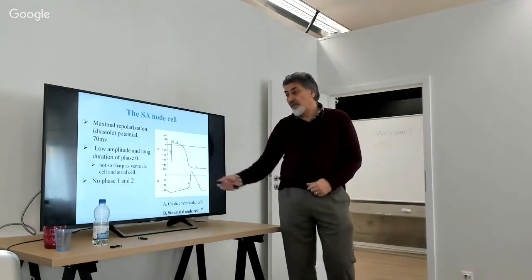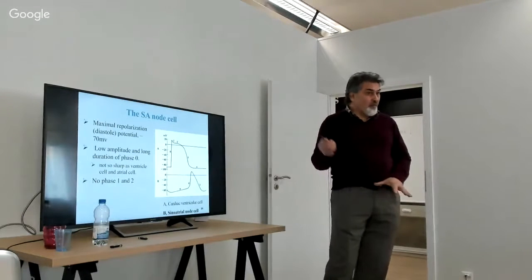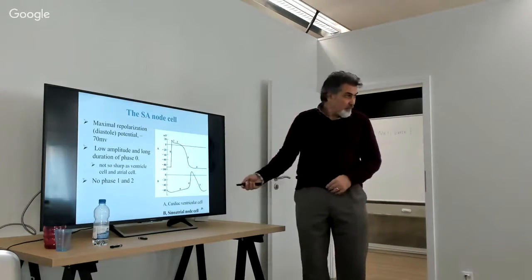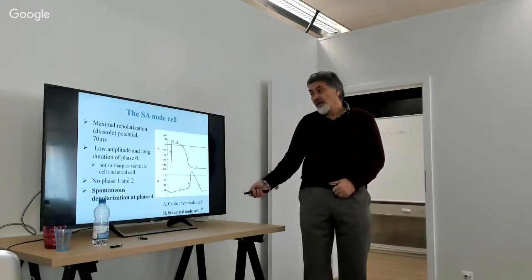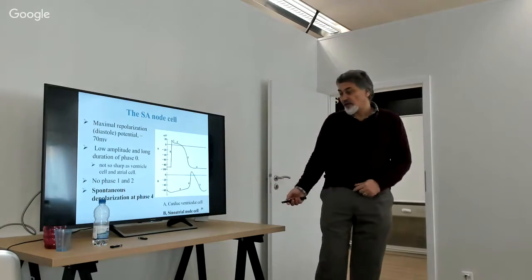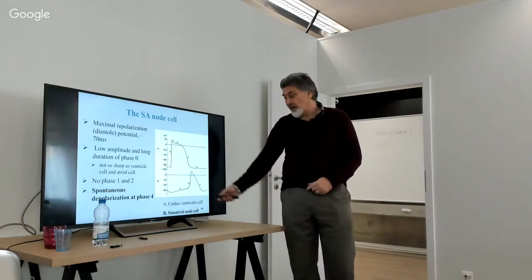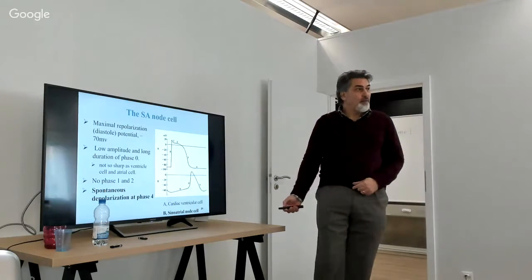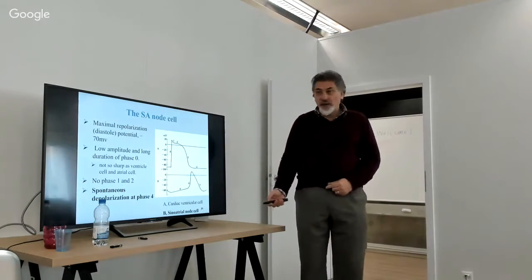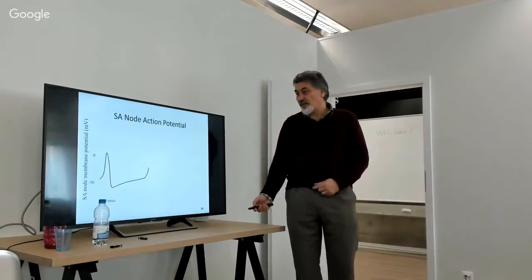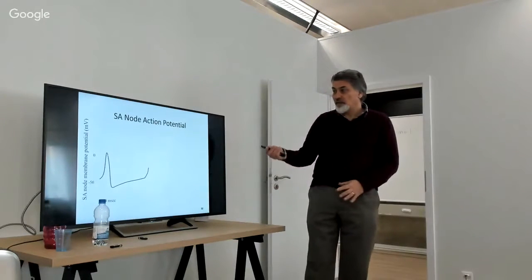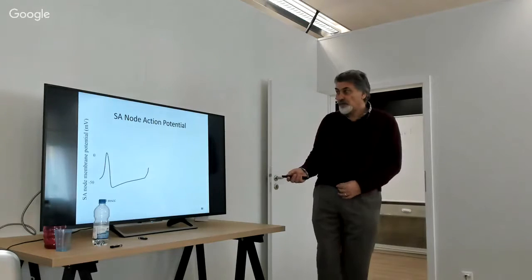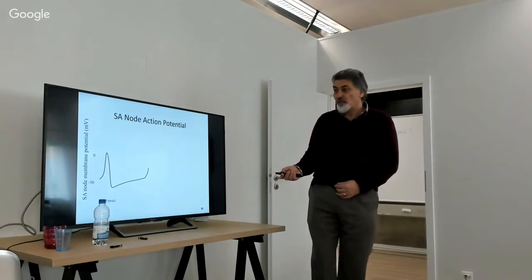Yes, if you want, no phase 1, but a short phase 2. Spontaneous depolarization at phase 4. This is the automatic property. Spontaneous depolarization at phase 4. This is another sinoatrial node action potential.